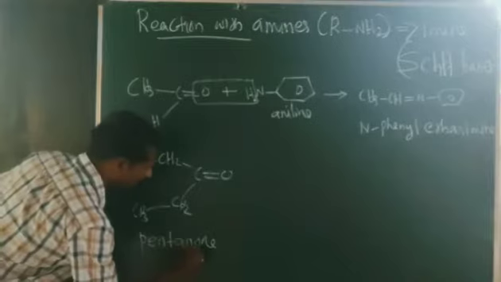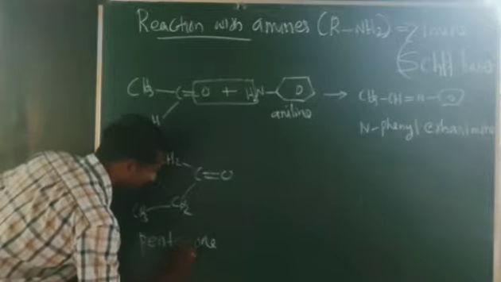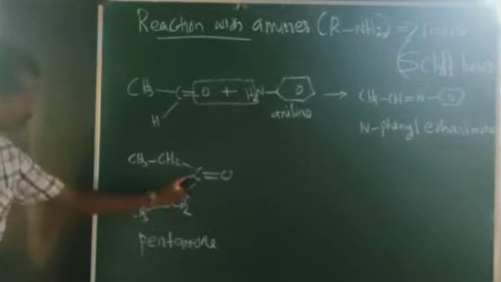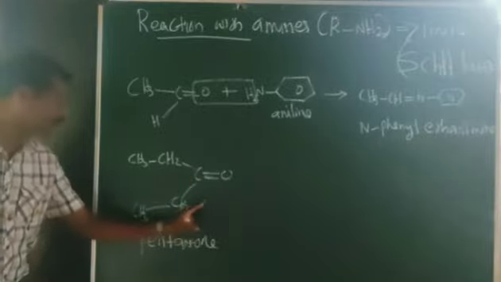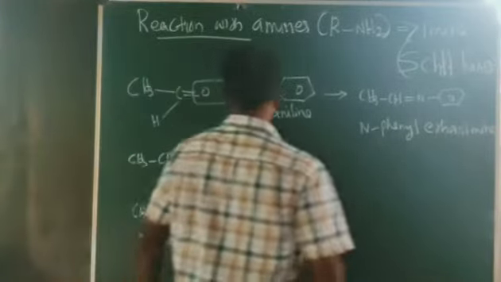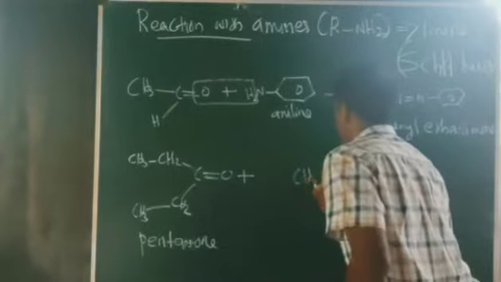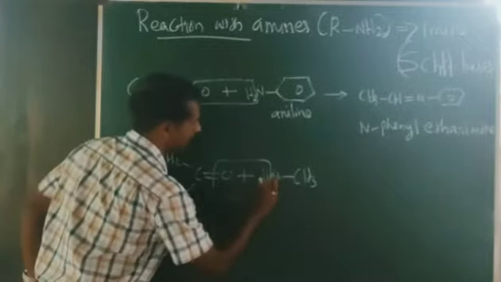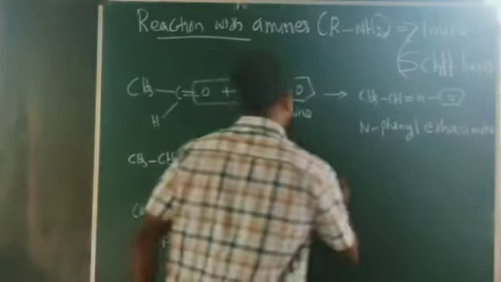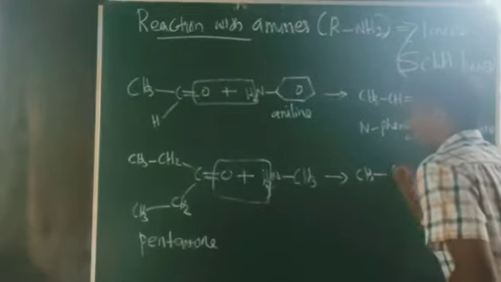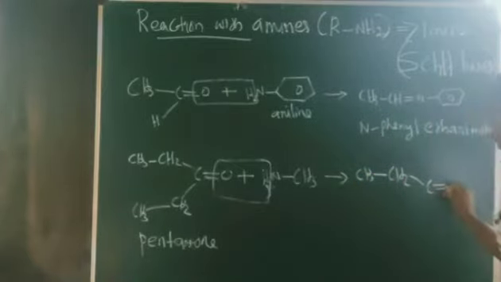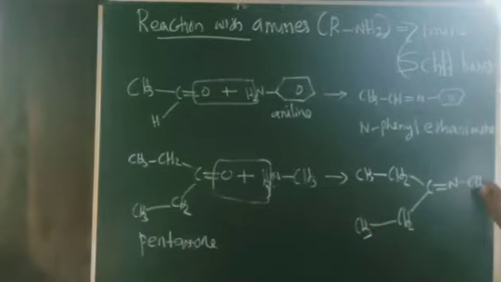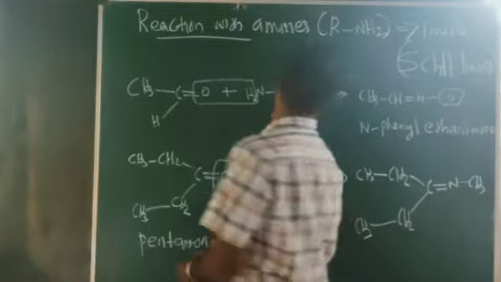So the name is pentan-3-one. Pentan-3-one reacts with methylamine, CH3NH2. What will be eliminated? H2 is eliminated. And what we get? CH3CH2, double bond N, then CH2CH3, and CH3. This is another Schiff's base.